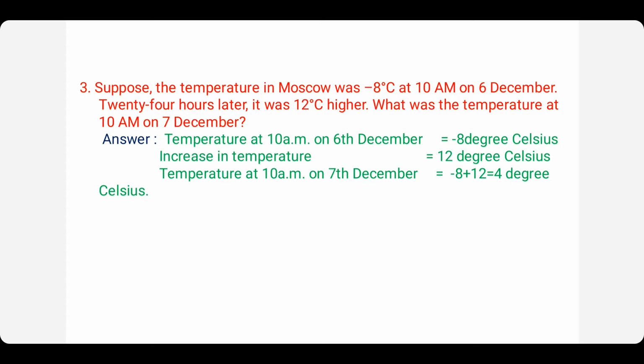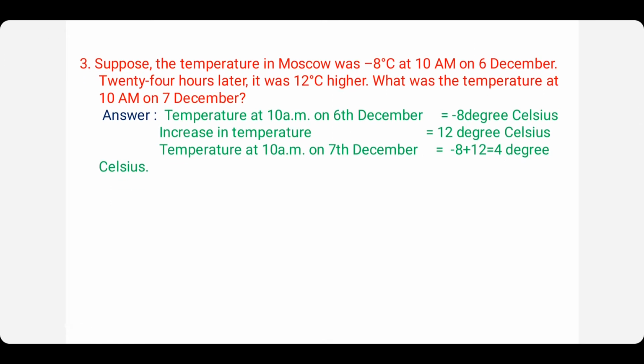Here we are given the temperature on 6th December, that is minus 8 degrees Celsius, and the increase in temperature is 12 degrees Celsius. Therefore, the temperature on 7th December, that is after 24 hours, at 10 a.m., would be minus 8 plus 12, that is equal to 4 degrees Celsius.